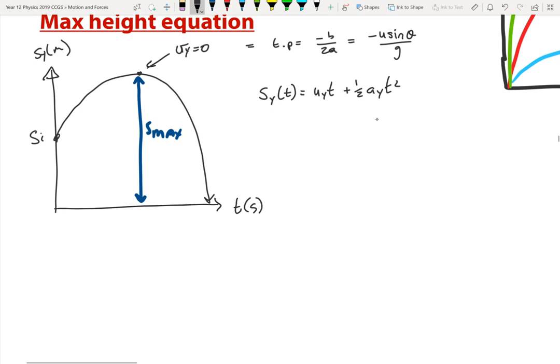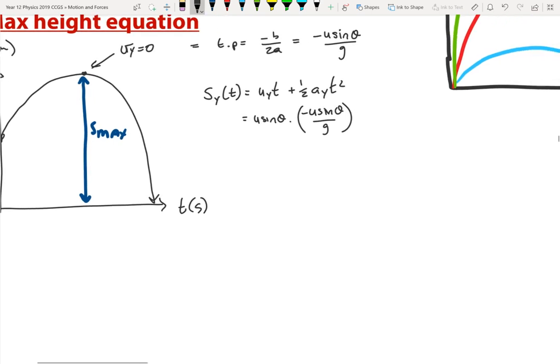Let's throw everything in. We're going to go u sine theta times negative u sine theta over g plus a half of g outside of negative u sine theta over g.